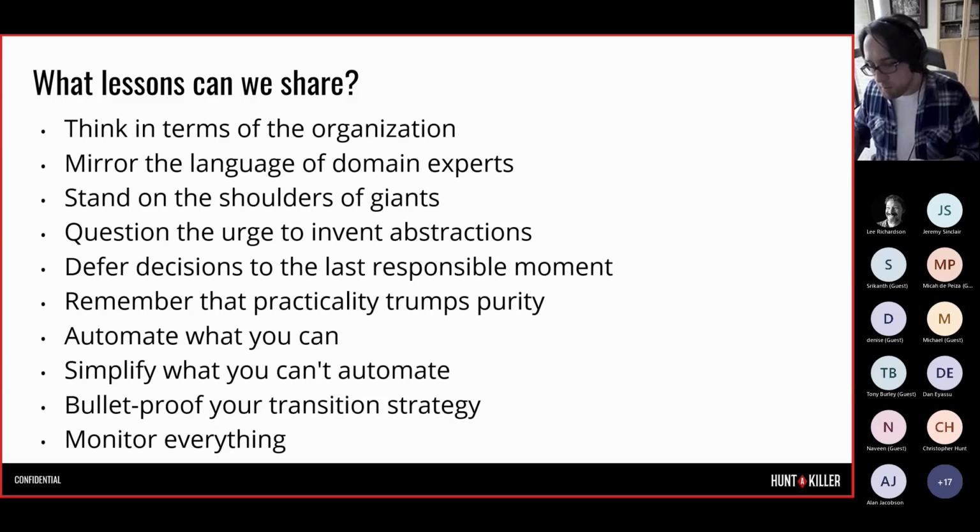That way, if anything were to go wrong in the transition strategy, you're not leaving it to chance. You're very well aware of what's going to end up happening, how you're going to end up cutting over from your monolith to this large microservice.